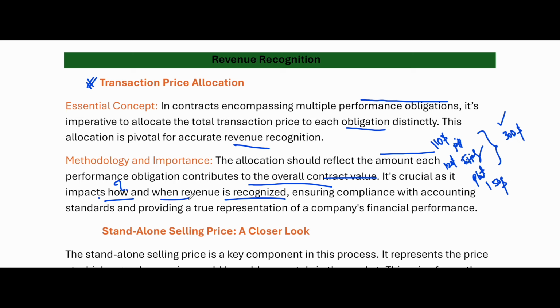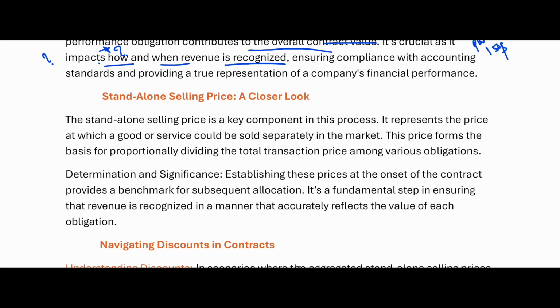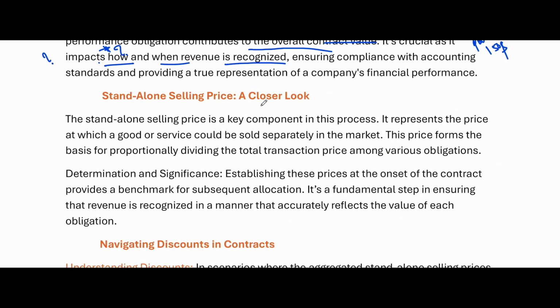And when you need to recognize the revenue, when and how, this is the question. Students face difficulty here in identifying the exact price of each individual piping, fitting, painting. That is the how. And the second thing is when you need to recognize your revenue in the books of accounts, because you are providing these services step by step.